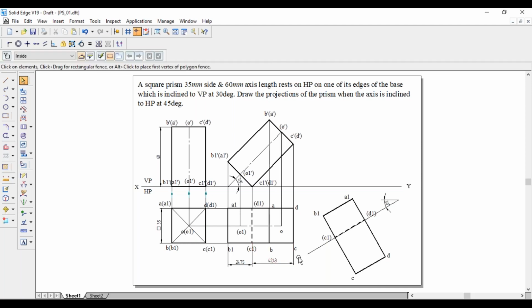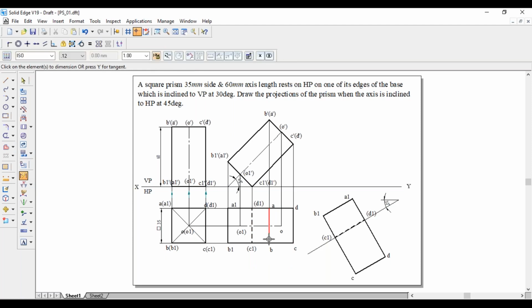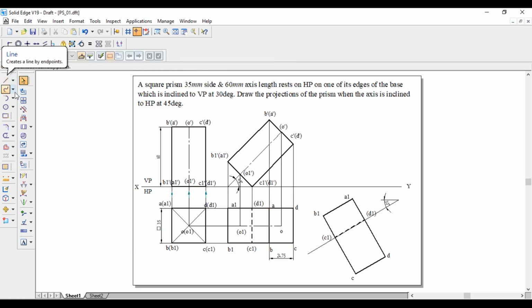Afterwards, we have to mark AB also. So AB length from CD will measure this one, 24.75. From C as center, 24.75 mm is the radius. Draw an arc.